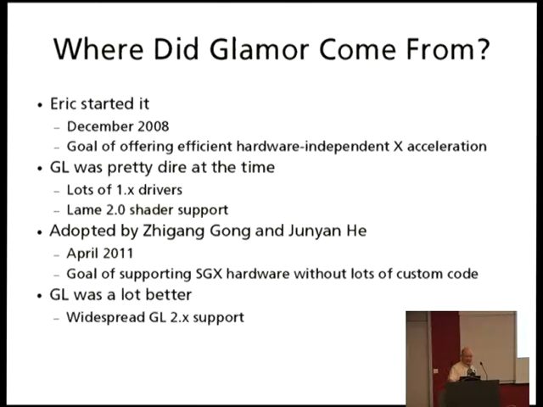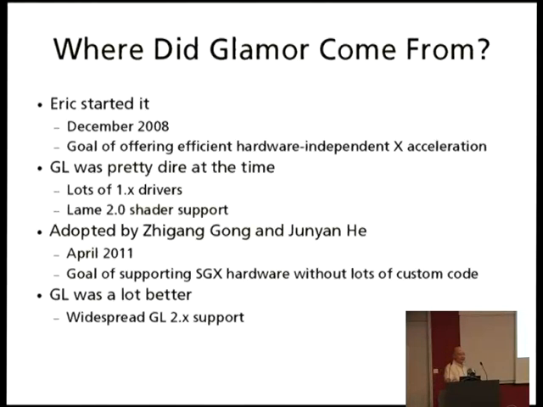Then, a couple of years later, a couple of Intel folks in China, Zhigang and Yunyan He, took over a bunch of Glamor development for writing acceleration for some Intel hardware that we'd like not to talk about. The GMA 500 series and other stuff using non-Intel GPUs with closed source GL drivers and no accelerated 2D at all.